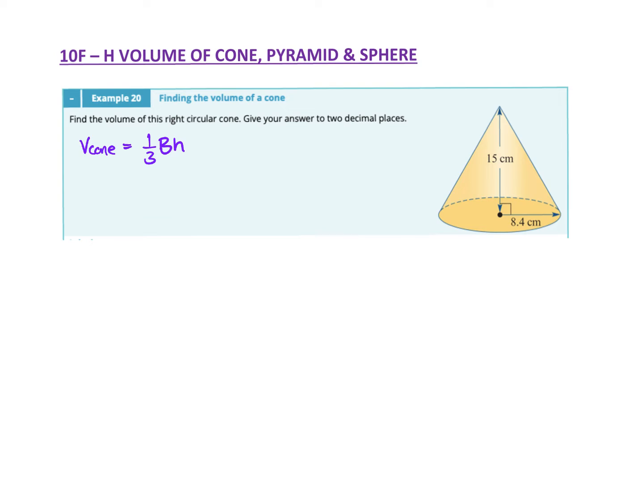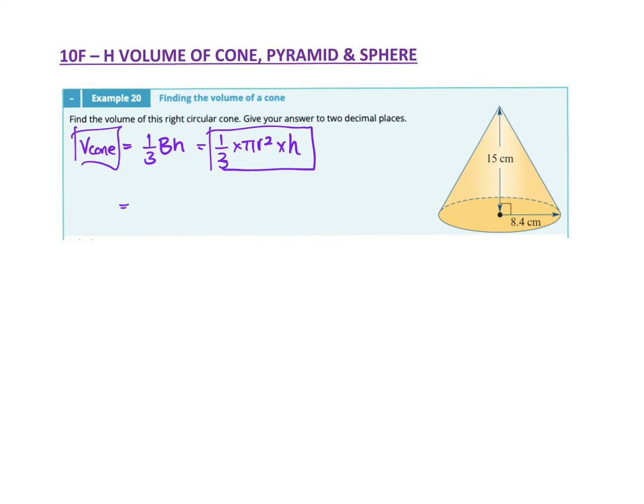So if you look here, the base area is a circle. So you could really say the area of a circle is pi r squared, and then we're going to times it by h. So that's how we find the volume of a cone. So we look over here.